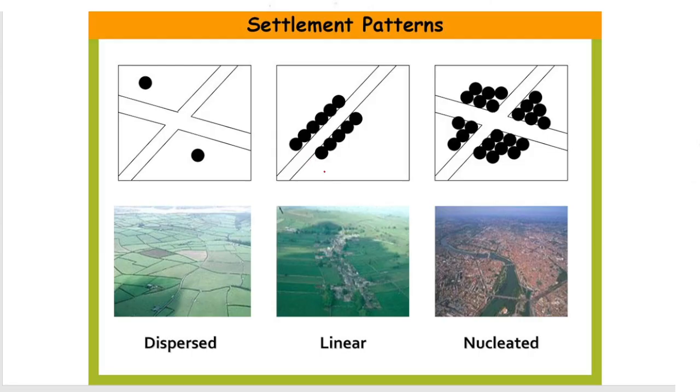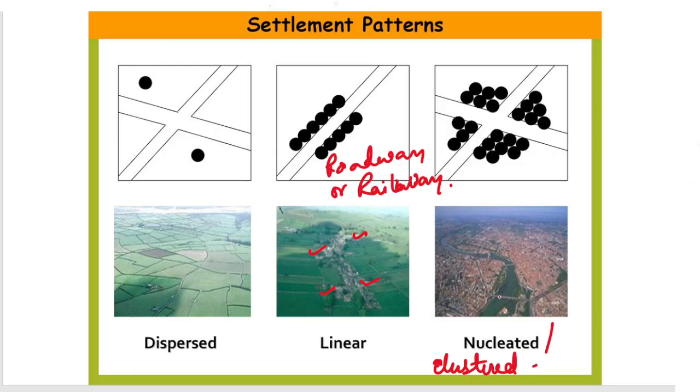For example, we have a roadway or maybe a railway, and along the line of this railway we have a settlement type like this. This indicates a linear pattern. Another one is nucleated or clustered.